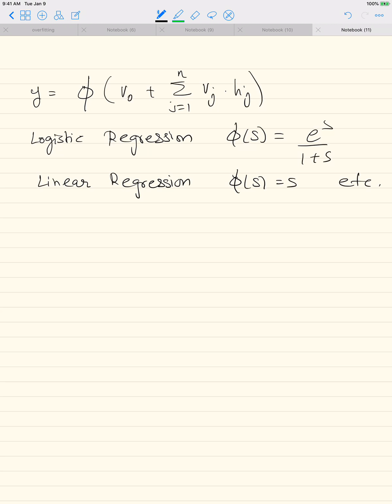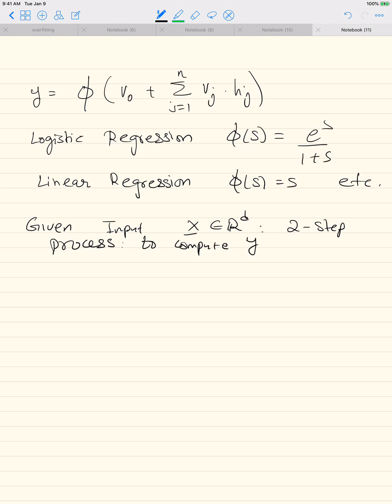So the idea here is that once we have an input x, we use a two-step process to compute the output y.